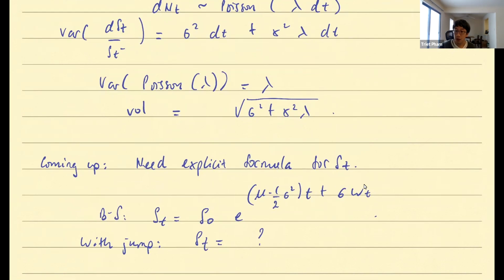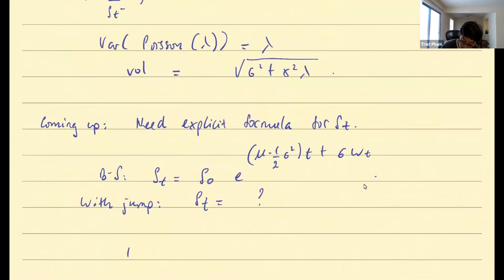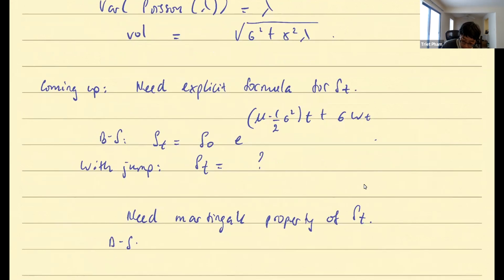Second, I need the martingale property of ST. Again, with Black-Scholes, I know that e to the minus RT, the discounted stock price, is a martingale, sorry, under P tilde. So actually, I need to change this to R and argue that it's discounted.